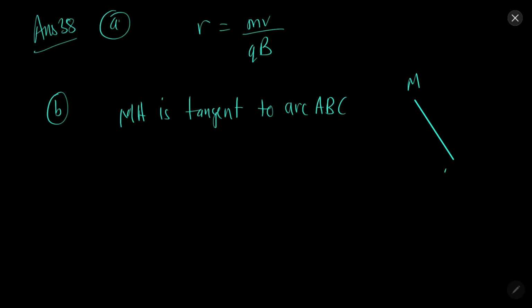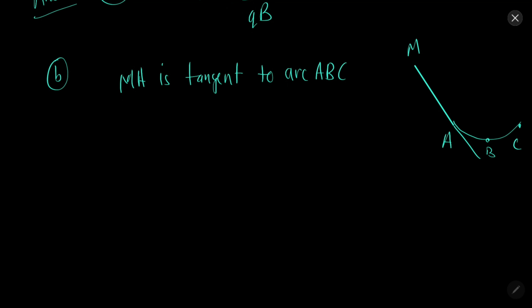MA is like this, and the arc is this. ABC is the arc and MA is the tangent.